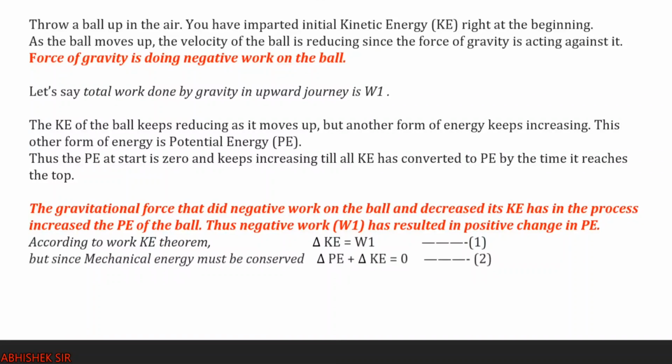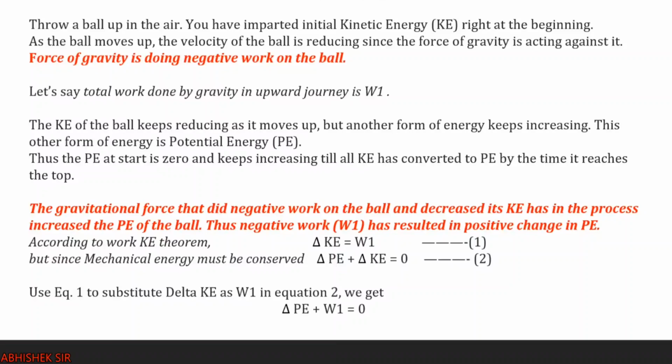Okay, so we have seen in conservation of mechanical energy that the change in potential energy and change in kinetic energy in any system add up to zero. So if we replace KE with this W1, the equation will become delta PE plus W1 equals 0. Now take this W1 to the other side. What will it give?